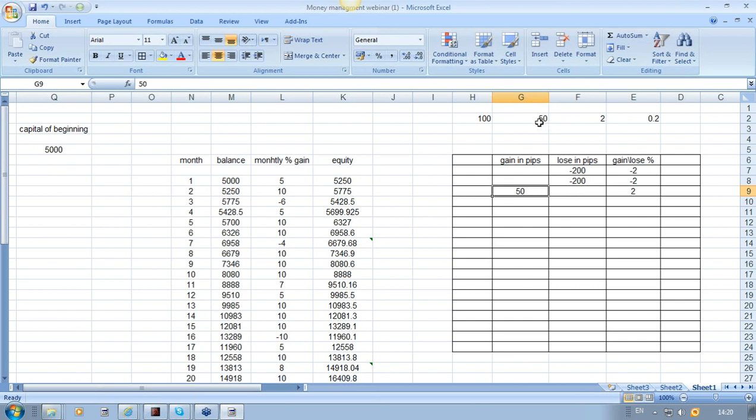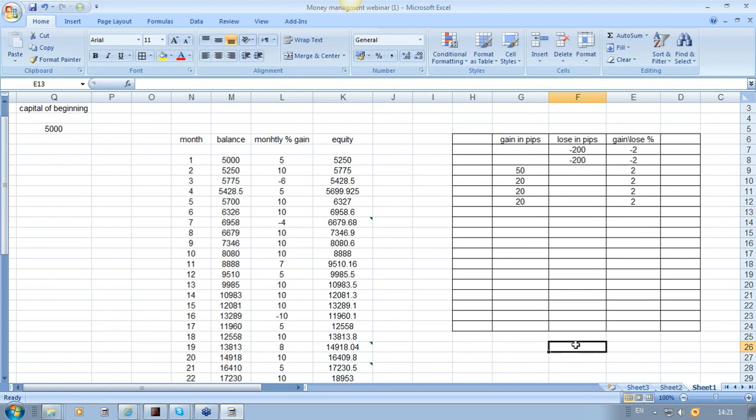Then, for example, I have a trade 20 pips stop loss and 20 pips profit. Then I have to make $5 per trade, and it's 0.5 lot size, $5 per pip. I earn 20 pips and another 2%. Let's say the same trade for the next one and the next one. Okay? Now pay attention.